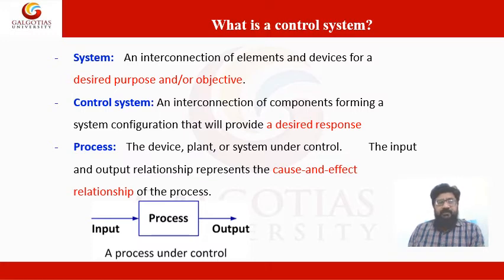For example, if the bacteria levels or growth reach a level of hazard in the blood, the actuators and signals will activate the brain to heat up the body, and we will get fever. So a process we need to have under control, and that's why we have to have a relationship between the input and output.